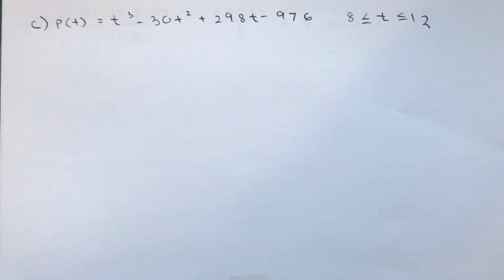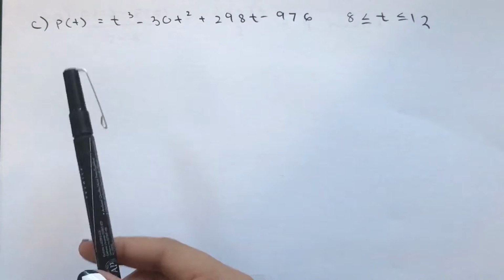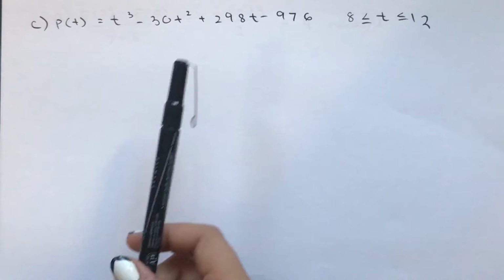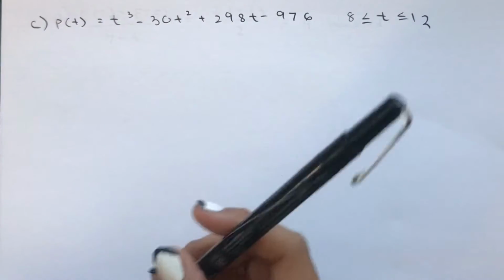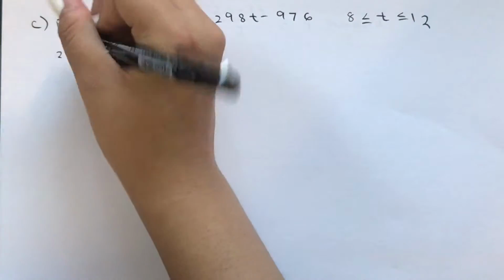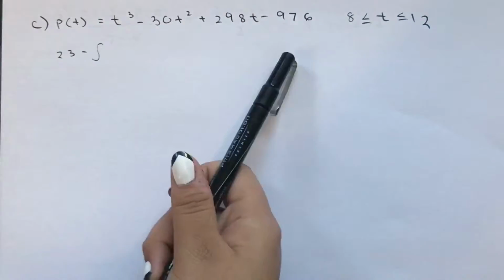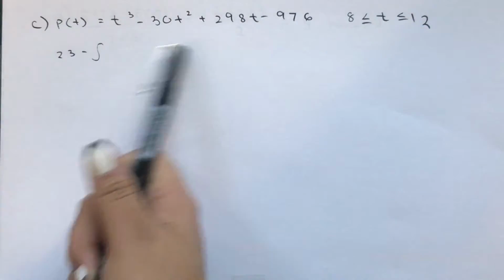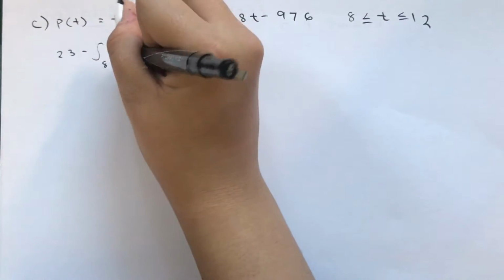So how to solve part C is you need to find how many are not processed by midnight. So what you have to do is subtract the number of entries that are already processed by 12 o'clock from the total number of entries. So we do this by doing 23 minus the integral of this, and the integral of this is how many are processed by 12.